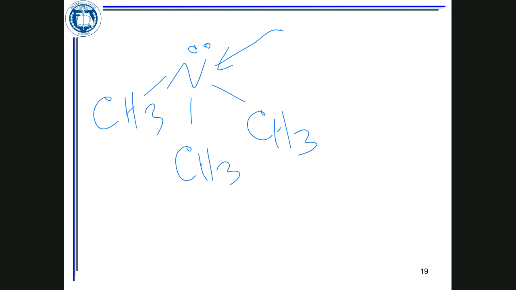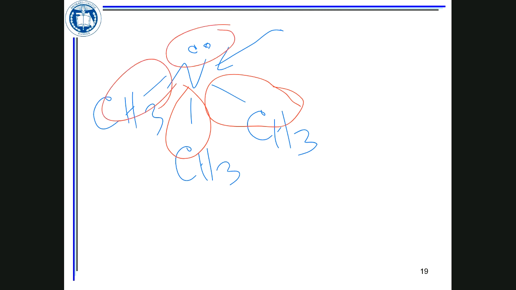How many electron groups do we have for nitrogen? We have 4 electron groups: 3 sigma bonds and a lone pair. Very good. And we said if the central atom has 4 electron groups, it's going to be sp3 hybrid.